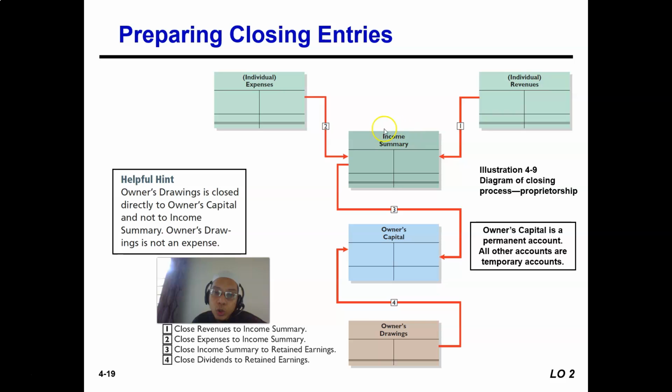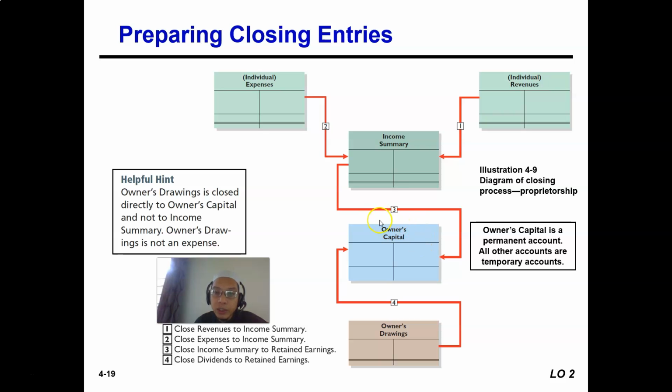The next step is to close the income summary account and transfer that into the owner's capital. So we debit the income summary account and we credit the owner's capital.